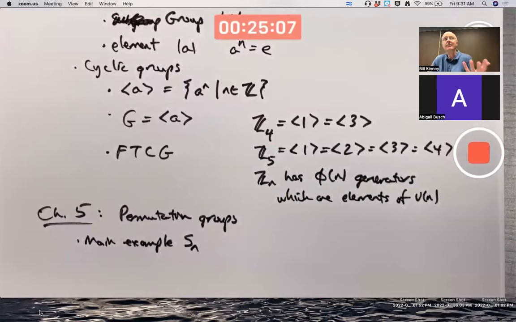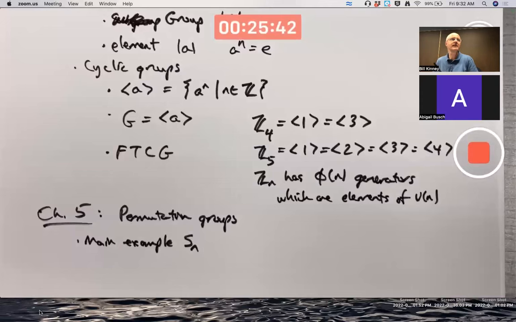The set could be infinite. Any one-to-one and onto function from any set to itself is a permutation by definition. A permutation group is a set of permutations of the same set that form a group under function composition. Our main prototype, again, is Sn, where the set is the collection of numbers 1 through n. The numbers 1 through n are not the elements of the group, right? They're just the set that those functions act on.